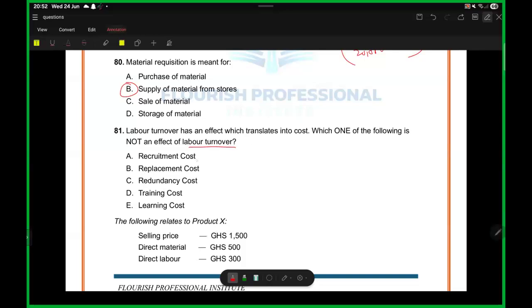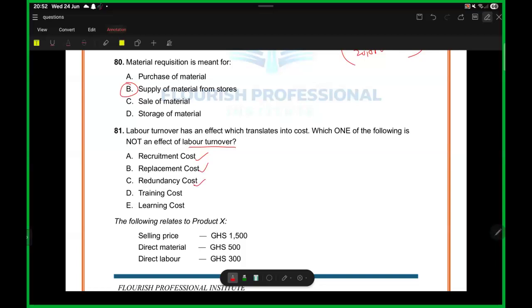So labor turnover mostly brings about recruitment costs, because if people are leaving, people need to be replaced. And when they are being replaced, we will have to take them through the interviewing process. And then labor costs, you are talking about redundancy costs.